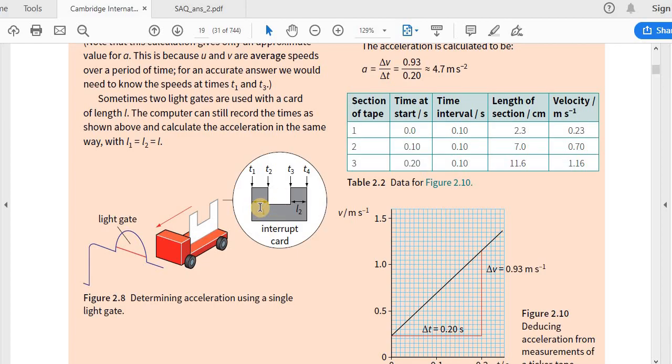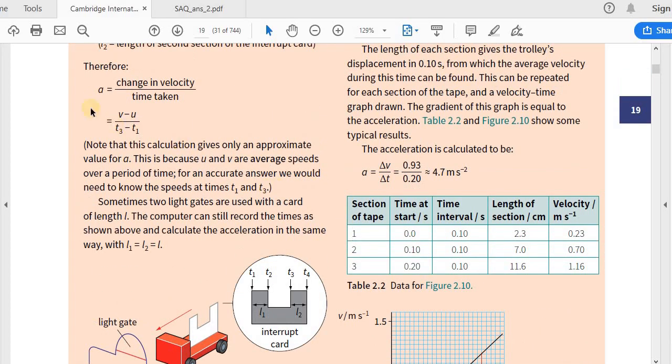So the displacement is L1 and the time is T2 minus T1. Then over here also we find it the same way. We can find the speed over here, that is the final velocity. So we know initial velocity, we know final velocity, and one more thing is the time.